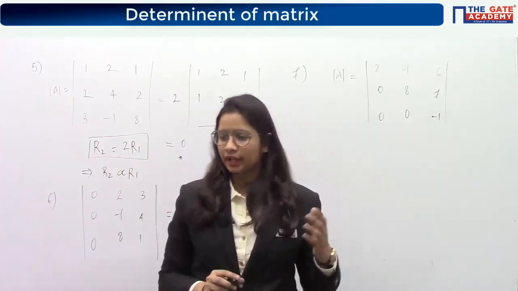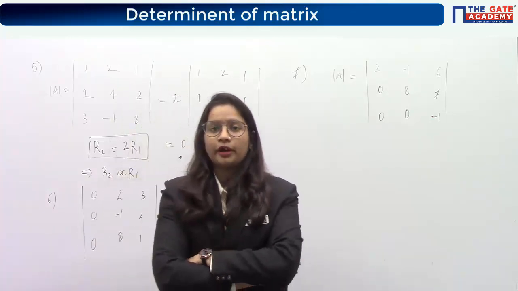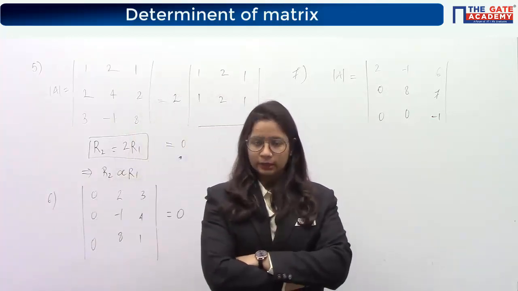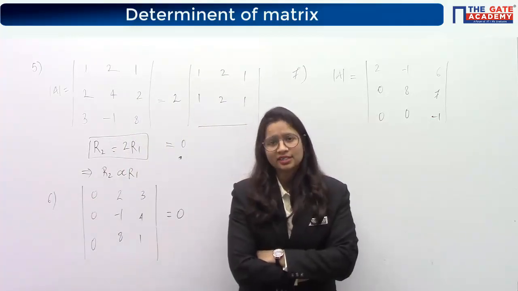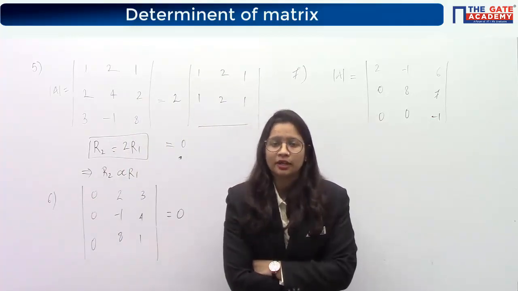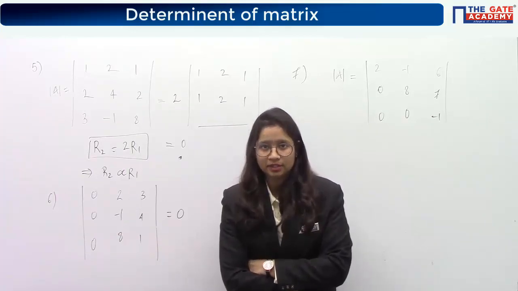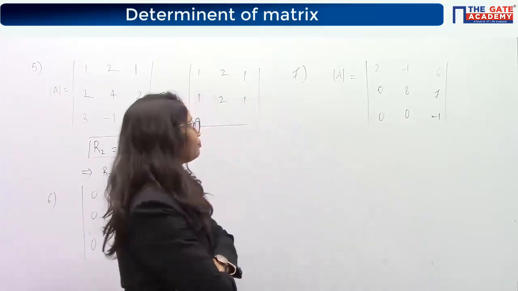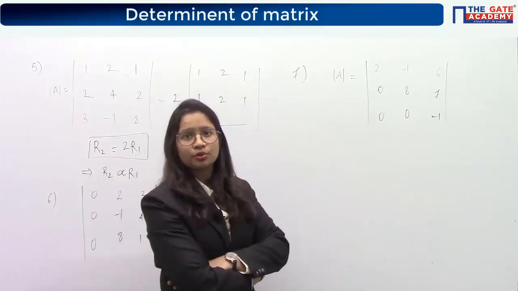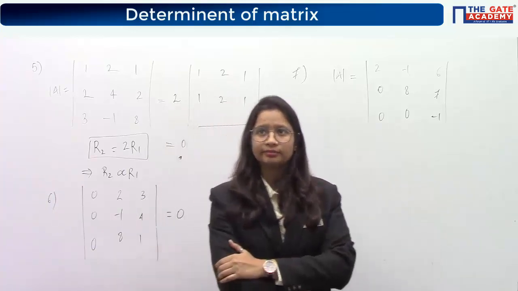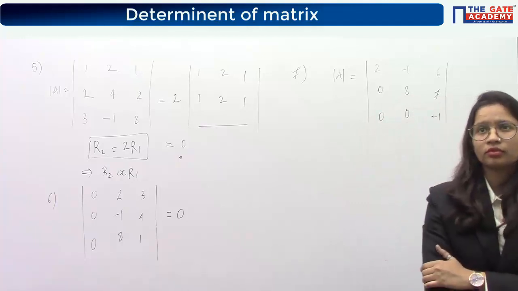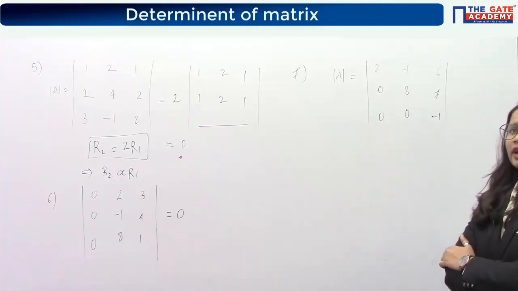Basically, the determinant of a triangular matrix is equal to the product of leading diagonal elements. Now, the leading diagonal is the principal diagonal, a similar term to principal diagonal elements. Okay. So, this is what kind of matrix? UTM or LTM? What is this? Reply.